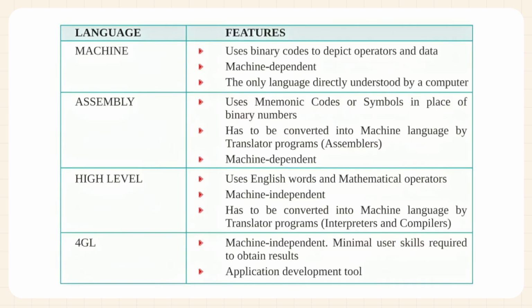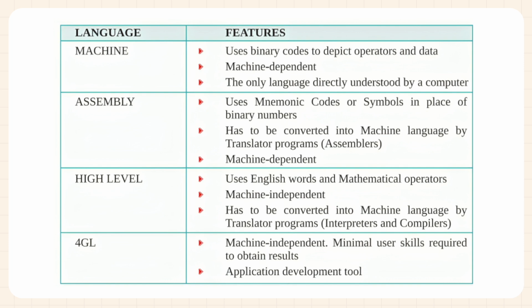Language, features. Machine: uses binary codes to depict operators and data. Machine-dependent. The only language directly understood by computer. Assembly: uses mnemonic codes or symbols in place of binary numbers. Has to be converted into machine language by translator programs, assemblers.